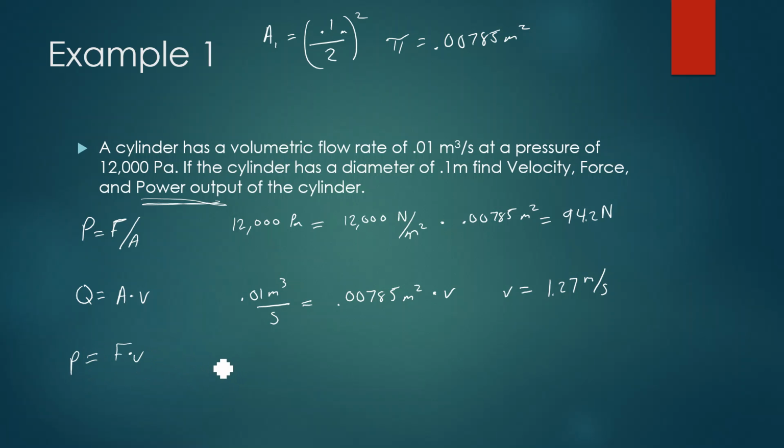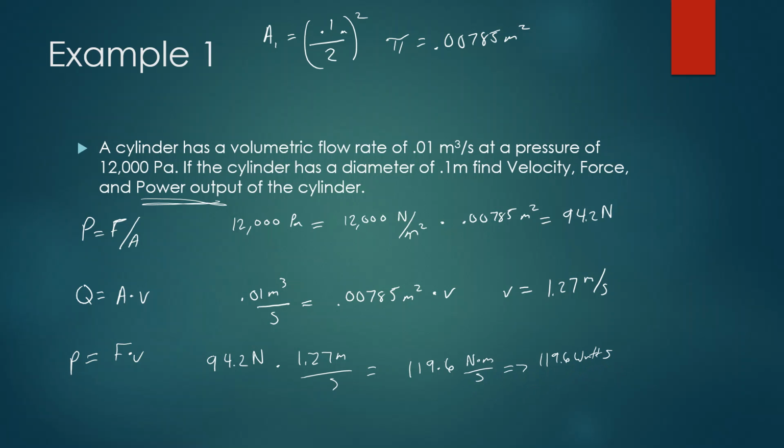So we have a 94.2 Newton force times a velocity of 1.27 meters per second. And we get, of course, the units is going to be Newton meter per second, and we're going to get 119.6 Newton meter per second, which goes to 119.6 watts.